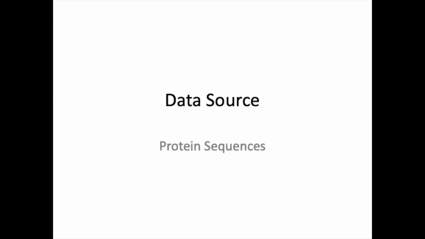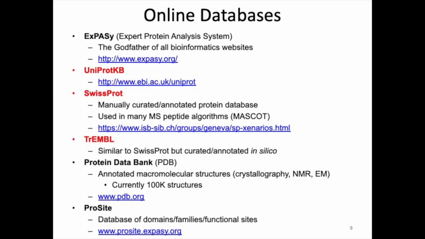Now we move on to protein sequence databases. We need them in conventional protein identification. There are a bunch of online databases available. ExPASy, the Expert Protein Analysis System, is the godfather of all bioinformatics websites.